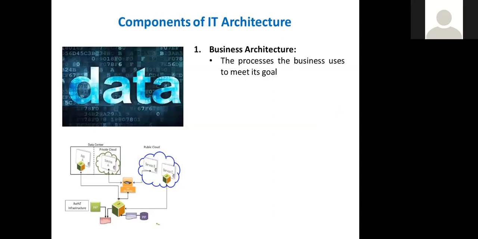The components of an IT architecture: when looking at the blueprints, you need a blueprint for your business, the very first one, and everything else follows from there. This is where systems analysts come in when developing an information system.